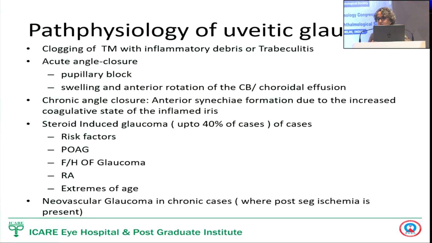You can have iris bombé and secondary angle closure. Or there are sometimes other non-pupillary block mechanisms, like rotation of the ciliary body or choroidal effusion, that can also cause an angle closure. Chronic angle closure, where the anterior synechiae are being formed in the periphery without pupillary block, is also not uncommon, especially in chronically long drawn uveitic cases.